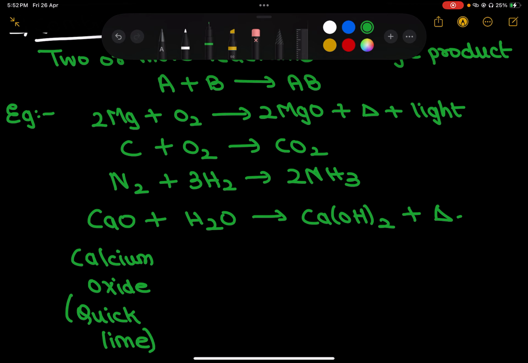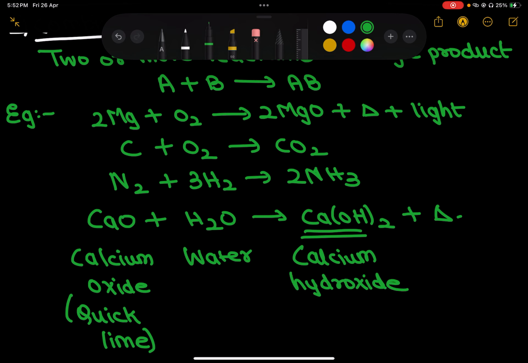Okay, H2O is obviously water, and Ca(OH)2 is calcium hydroxide. Okay, and it is known as slaked lime. So quicklime reacts with water to give slaked lime. So you have to remember the names.